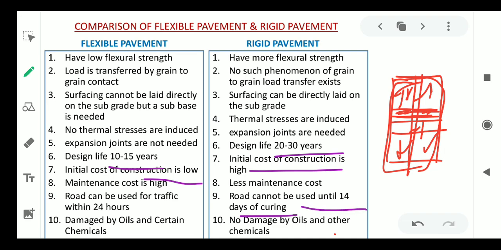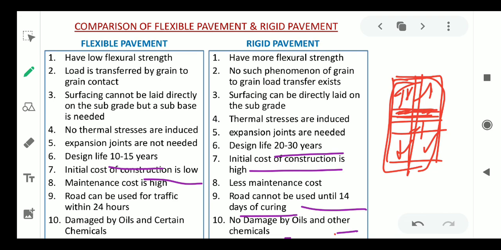The last one, damaged by oils and certain chemicals, but in case of the rigid pavement, no damage by oils or other chemicals. Since the bituminous material or the bitumen is an emulsion which reacts with certain types of chemicals or oils, due to the reaction of the emulsions or the bitumen with the oils or certain chemicals, the binding of the aggregates becomes weak, and the aggregates start stripping due to the movement of the vehicles.